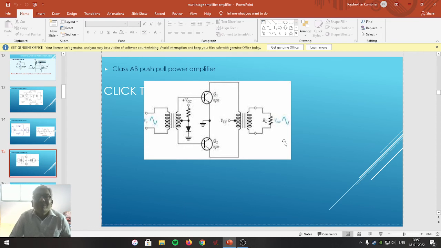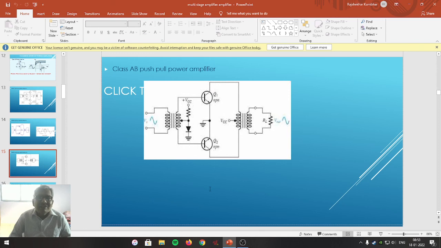Student friends, the efficiency of such a class AB push-pull amplifier is going to lie in between the efficiency of the class A push-pull power amplifier and the class B push-pull power amplifier. We are aware that the class A push-pull power amplifier has an efficiency of 35%, whereas the class B push-pull power amplifier has an efficiency of 78%.